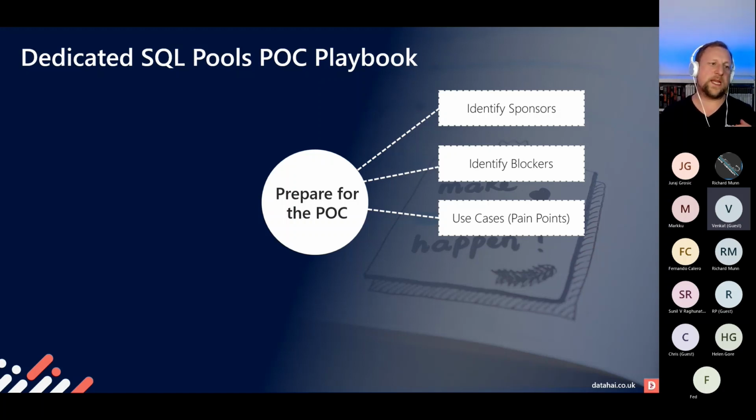You are not really getting the features within that environment, like integration with other services, machine learning, things like that. And have you identified some pain points, some slow processing, that make you believe that moving to the cloud, moving to Synapse Analytics, is going to be a benefit? So a list of what those use cases are.